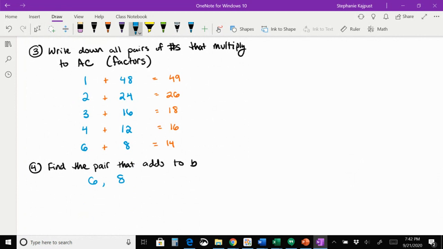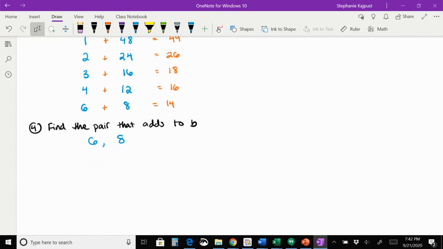And this process, steps 3 and 4 here, is the same thing you do when you do guess and check. You're going to look for all the numbers that multiply to something and then add up to something else. So once you find your pair, you rewrite the middle term using those values.